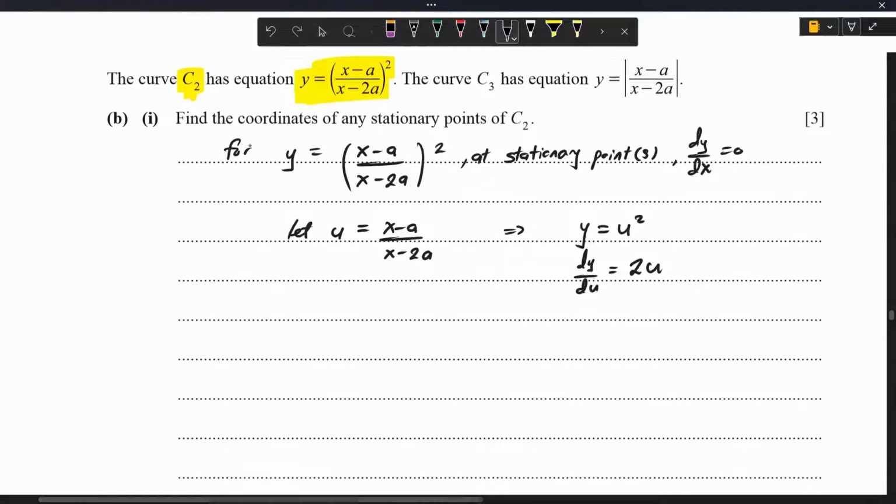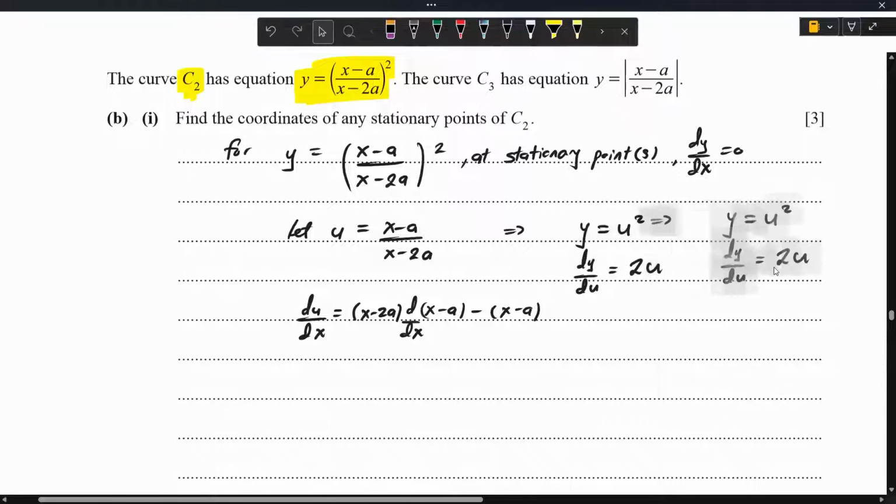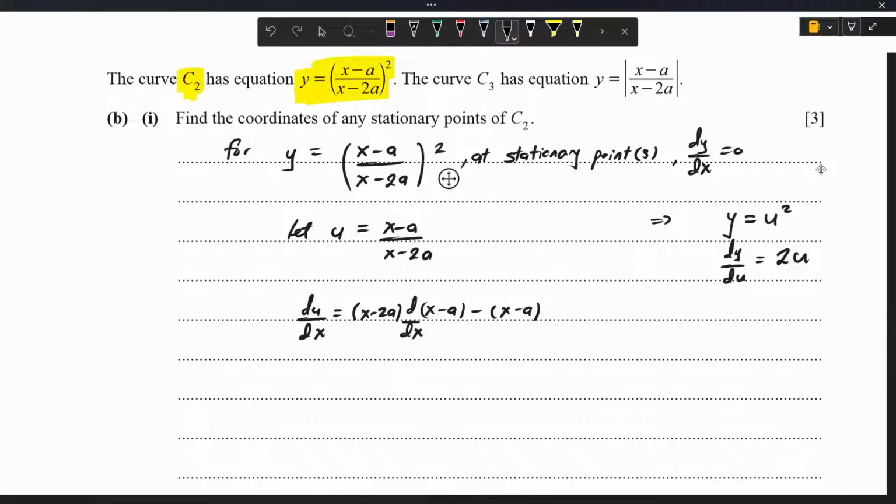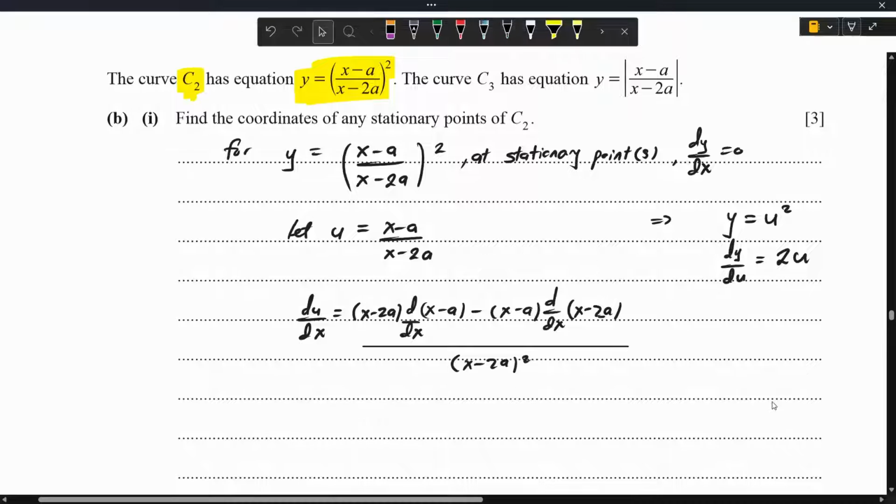All right. And here we'll be having du by dx being x minus 2a times the derivative with respect to x of x minus a, minus x minus a, of the derivative with respect to x of x minus 2a, and that's over x minus 2a squared. Okay.